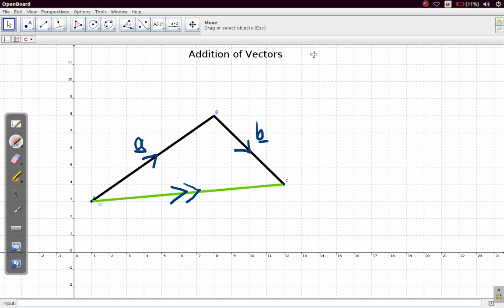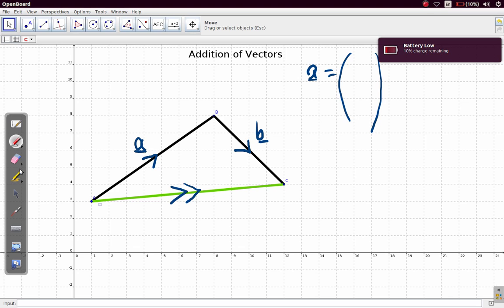Now let's use matrices to add these. Vector A is the vector we want the horizontal and vertical components of.